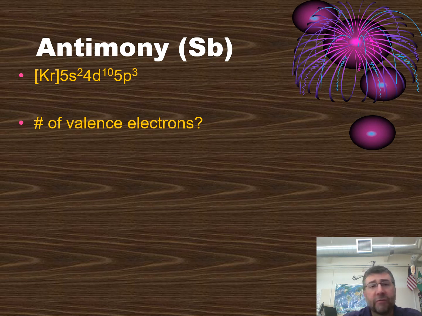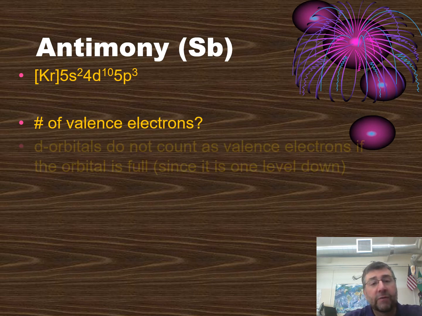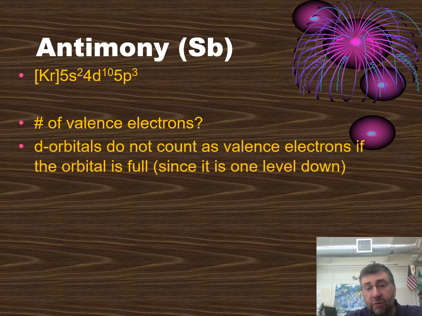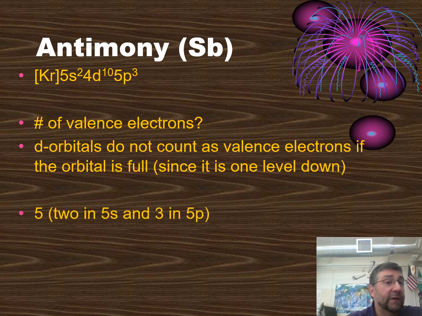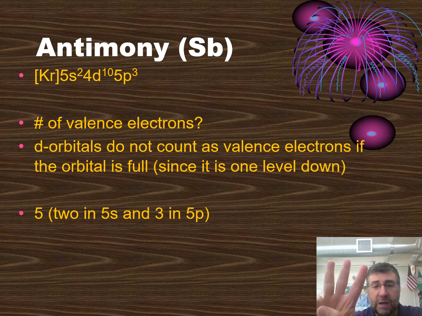But if the d is full, then the whole 4th shell is full. The s, the d, and the p are all full, and they are not available anymore. So if you go beyond the d and it's totally full, we don't count them as valence electrons. So in this case, we would say that there are 5 valence electrons: 2 in the 5s, 3 in the 5p, that equals 5.